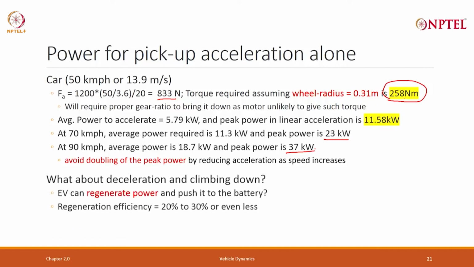So, the point that I am making is there is a fairly large requirement for power and torque due to acceleration. We will be putting that together, but we will again talk about what happens when decelerating. With deceleration, instead of acceleration, I will gain some energy.